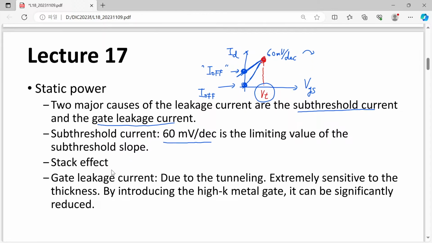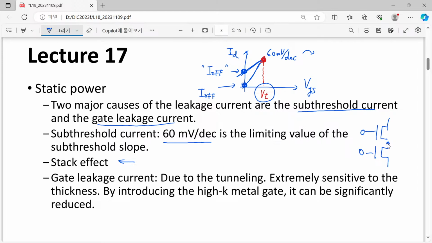Another one is the stack effect. If we have two different transistors serially connected, and both of them are off, then we have a certain increase of this voltage.